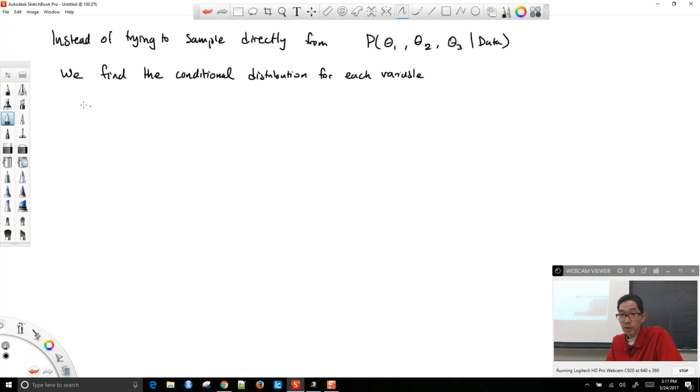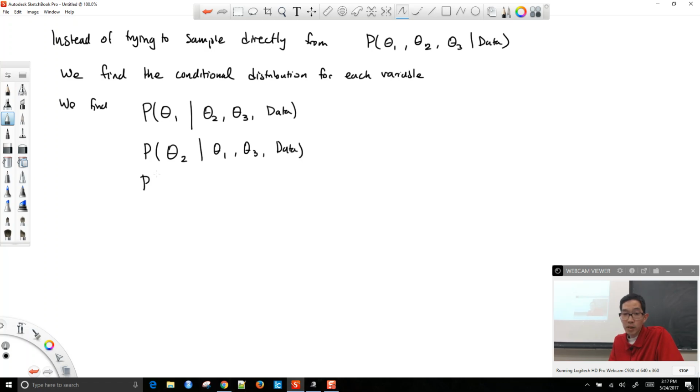So we find theta 1 given theta 2, theta 3, and the data. And then also we find theta 2 given theta 1, theta 3, and the data. And we find the conditional of theta 3 given the other ones, theta 1 and theta 2, and the data.